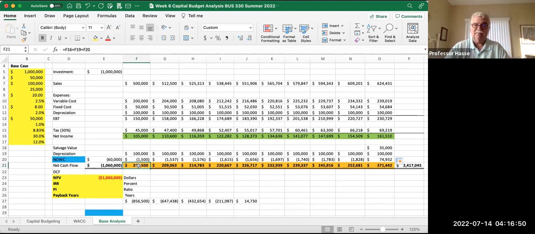So what does that tell us in dollars, percent, ratio, in years? Well, now we do the calculations that we learned in chapters 8 and 9. The discounted cash flow.